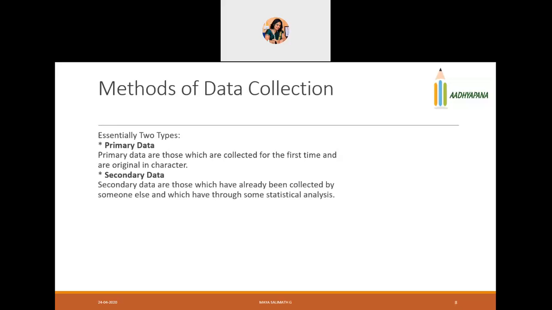If for my research I have prepared a questionnaire and I ask my students to go and collect the data, that data can still be called primary data, which is being taken for a particular research, but the data is original.